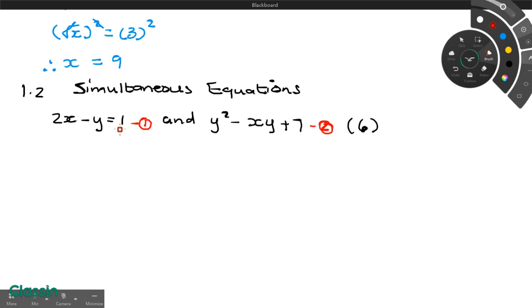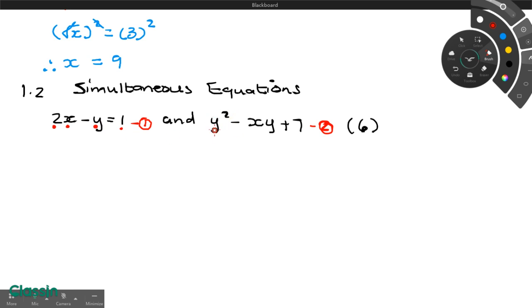Now we're going to check between equation 1 and equation 2, which one has got a variable that is not paired, a variable that is alone. So we can see that in equation number 1, we have a coefficient and a variable, and then we have a constant number.